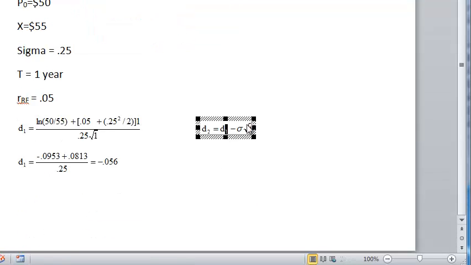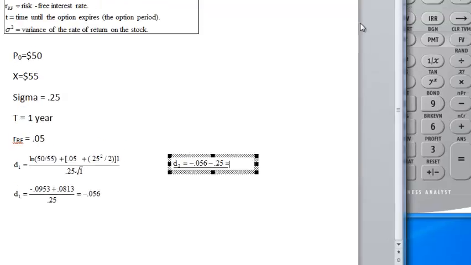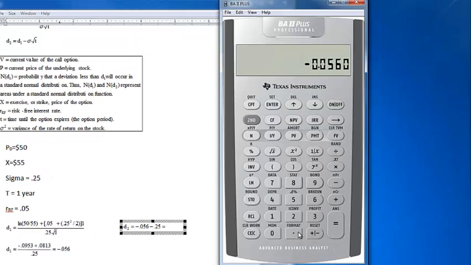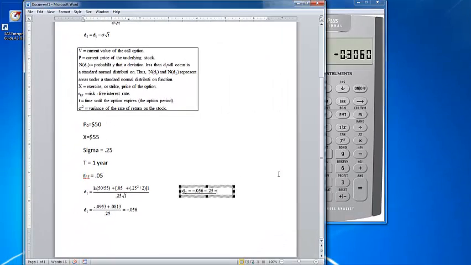D1 was negative 0.056, and the sigma times the square root of time, we calculated that just a minute ago, is equal to 0.25. So this is negative 0.056 minus 0.25, which gives us a D2 value of negative 0.3060.